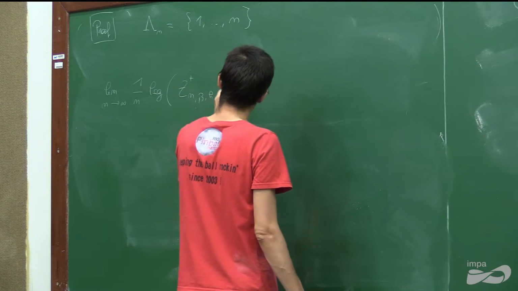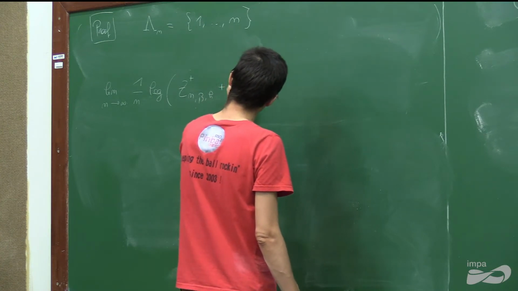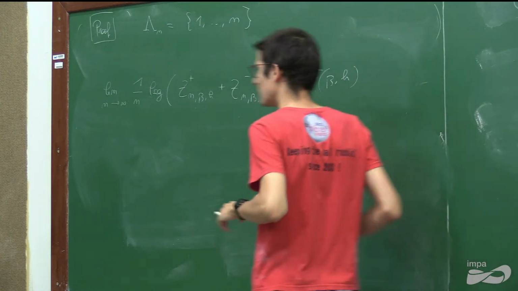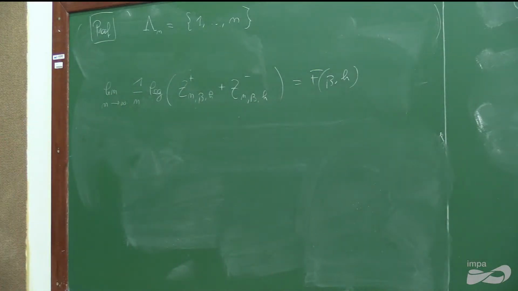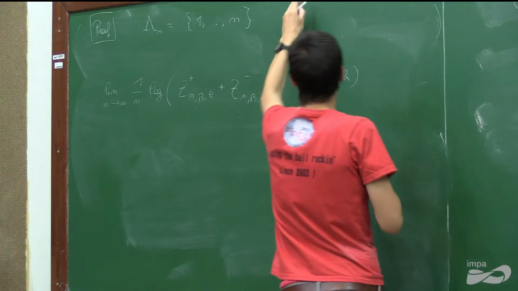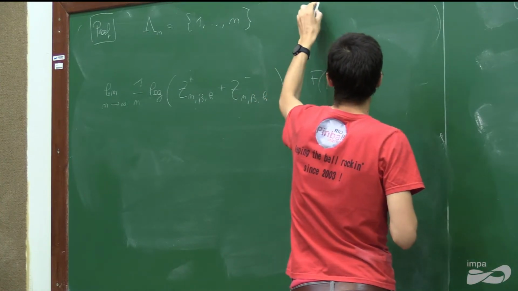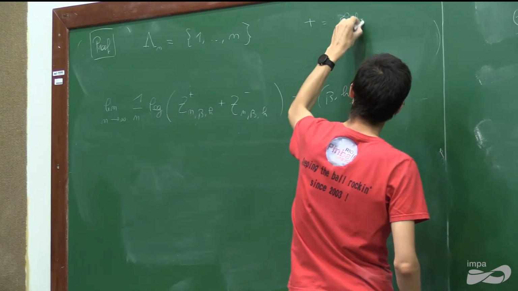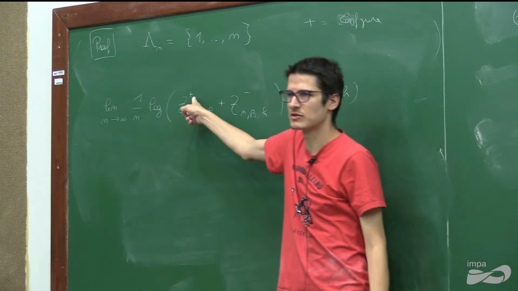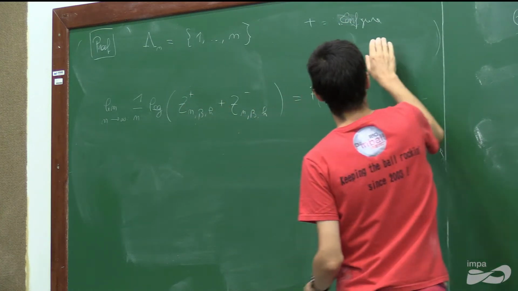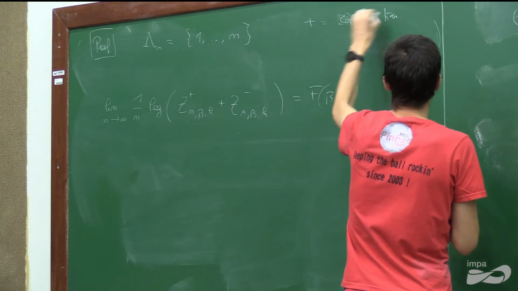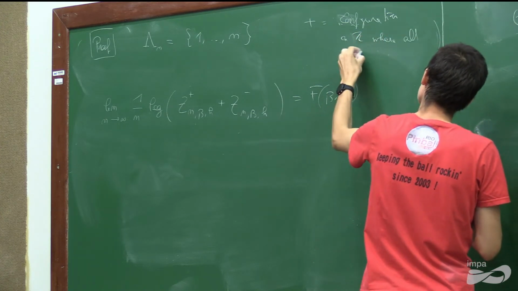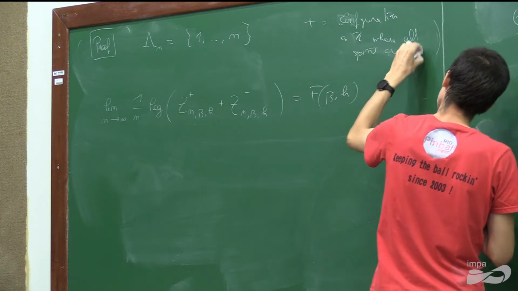Here, plus sits at the place where the boundary condition is. By plus, I just mean the configuration on Z where all spins are plus 1.